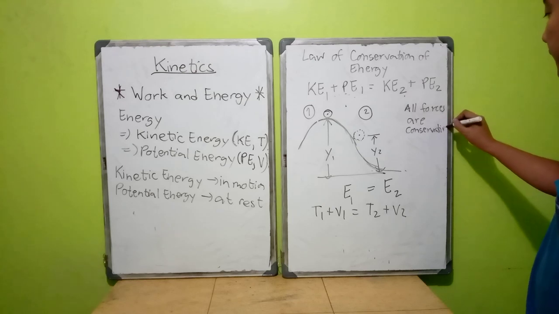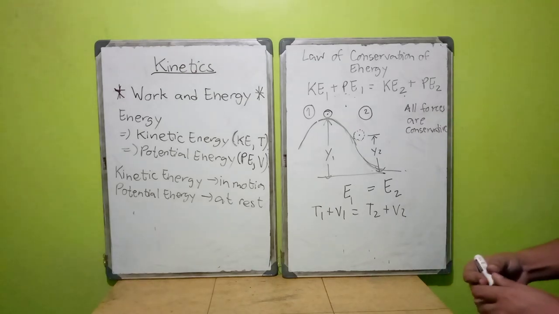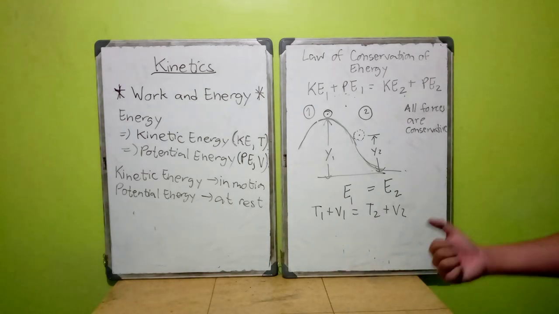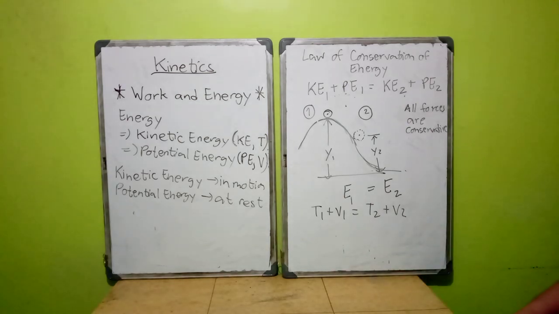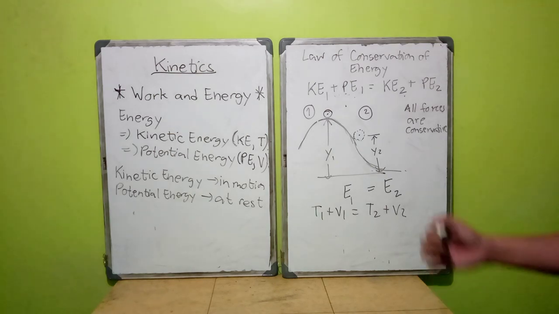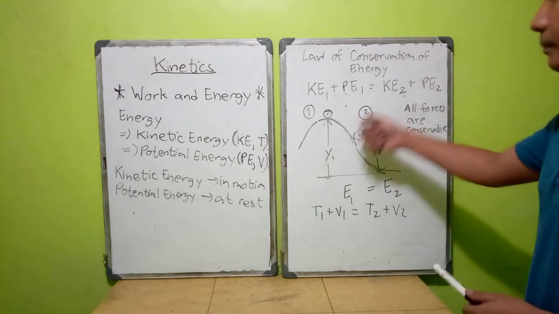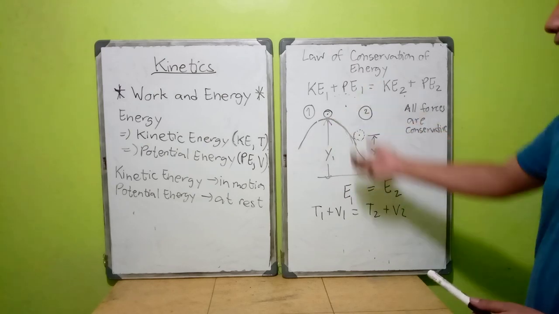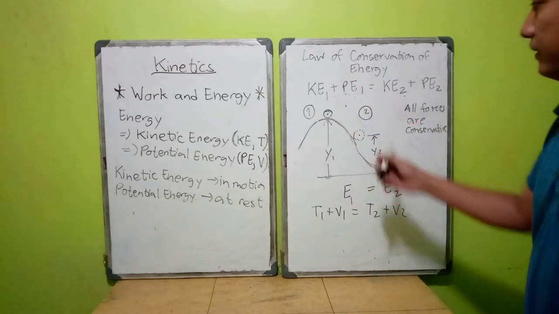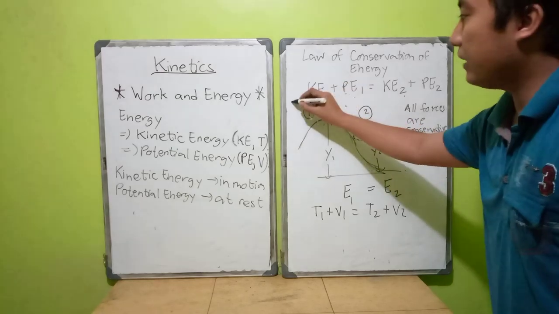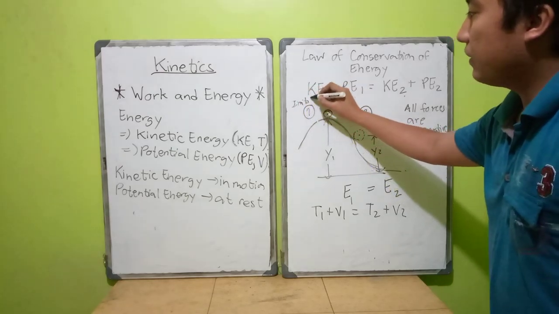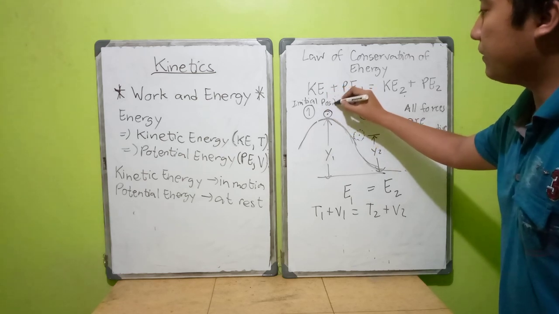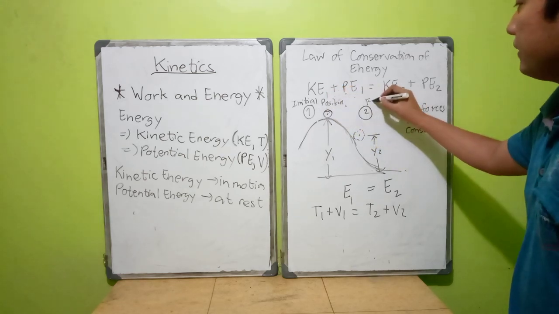Okay, so when we say conservative, it talks about all types of energy that is not dependent on the path. We are just talking about its initial position. Let us say your initial position is at 1, and then your final position.